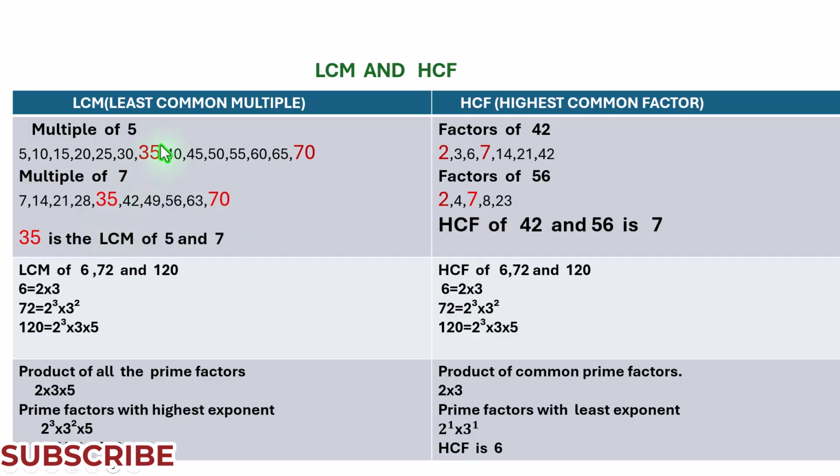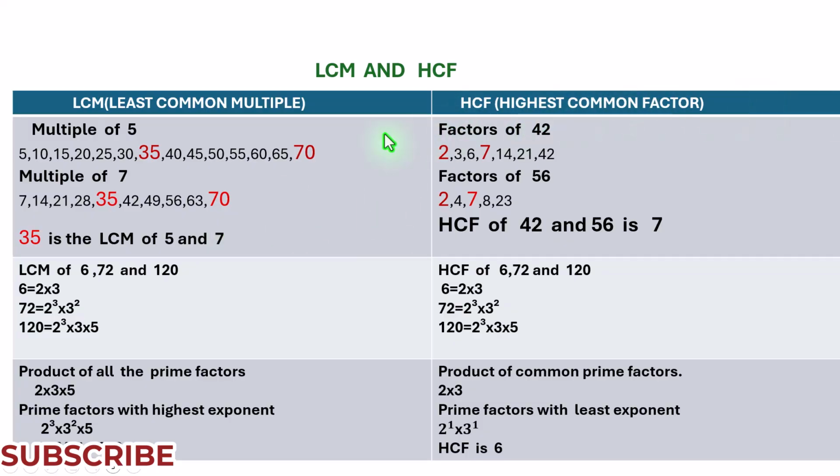This is the least common multiple concept. 35 is the least common multiple of 5 and 7.